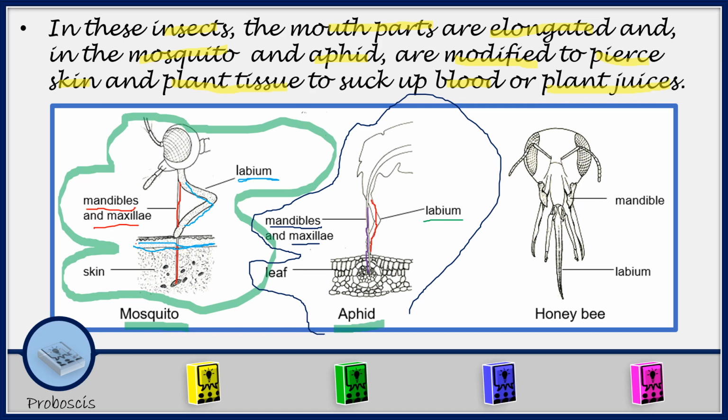So the maxilla and the mandible are the ones that are used to pierce the plant tissue. They pierce through the plant tissue, and then they push the mandibles and the maxilla to enter into the vascular system, where they suck the juice, and then it is sent into the gut.